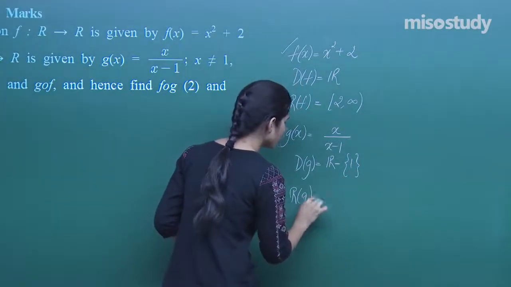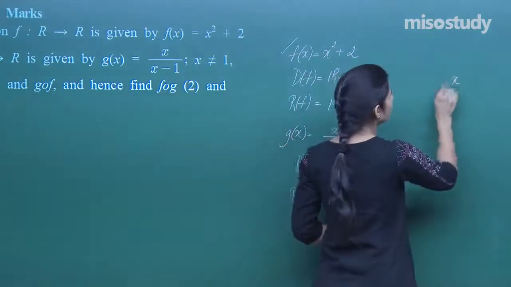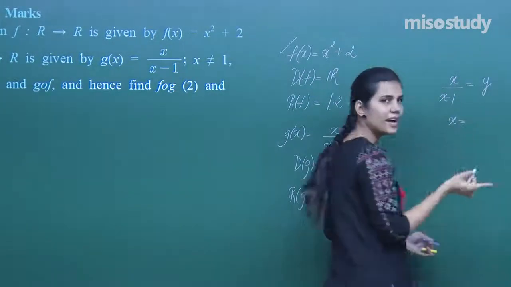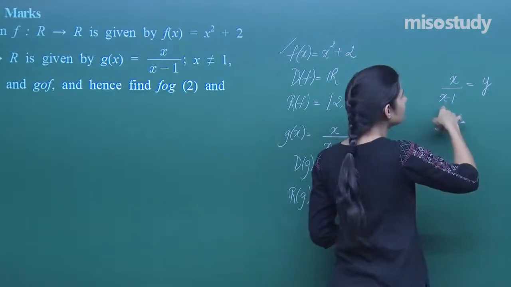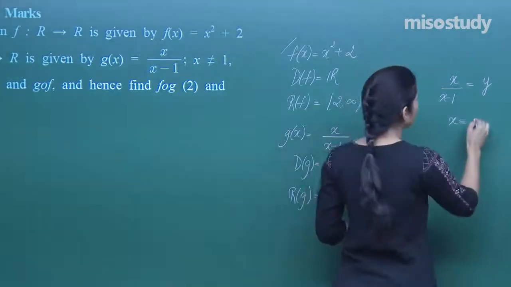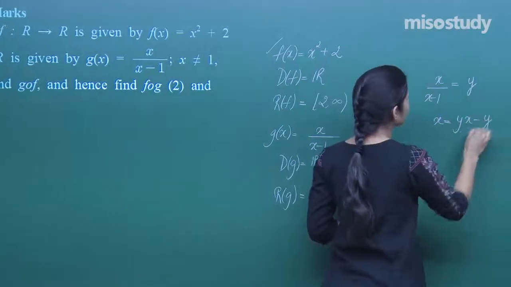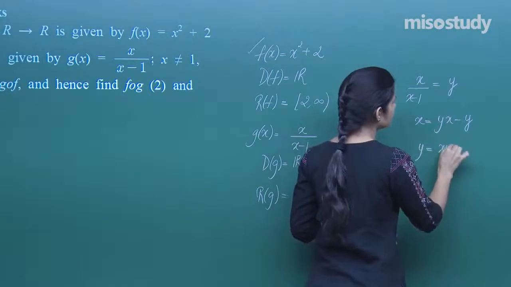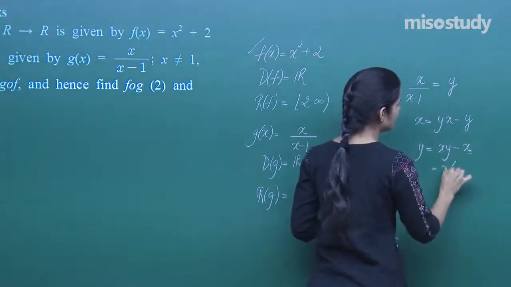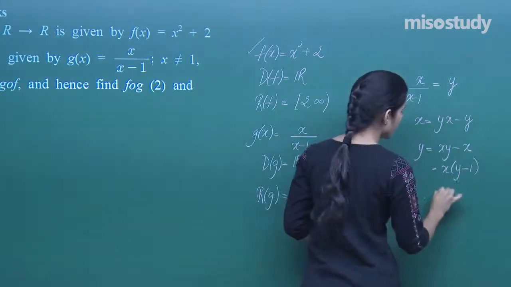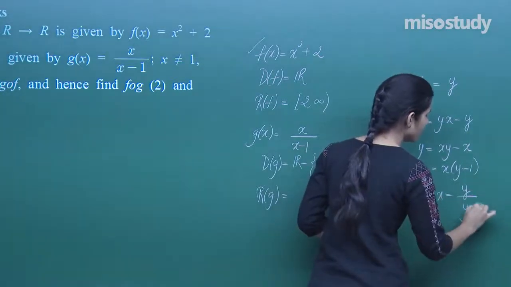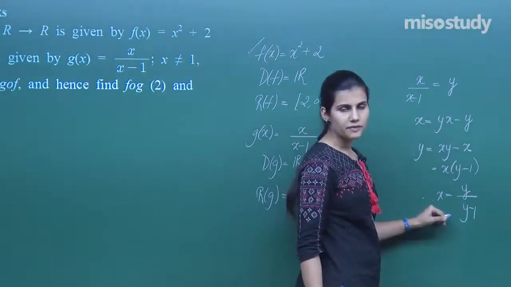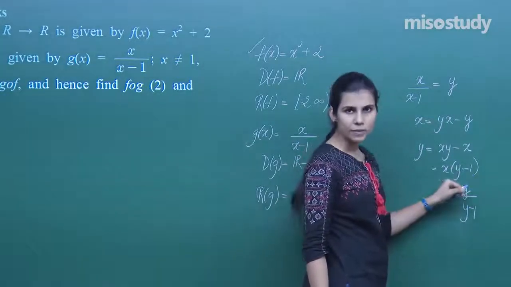And range of g, you know what the drill is. We put x upon x minus 1, that is the definition of g of x equals y. Compute the value of x in terms of y. Right now it is y in terms of x. Now compute x in terms of y. You get y equals xy minus x, which is x(y minus 1), and therefore x equals x upon... x equals y upon y minus 1, which also means this x is a well-defined real number only when y is not equal to 1.